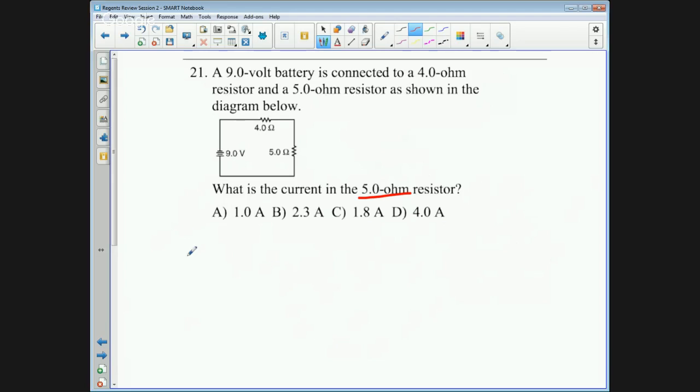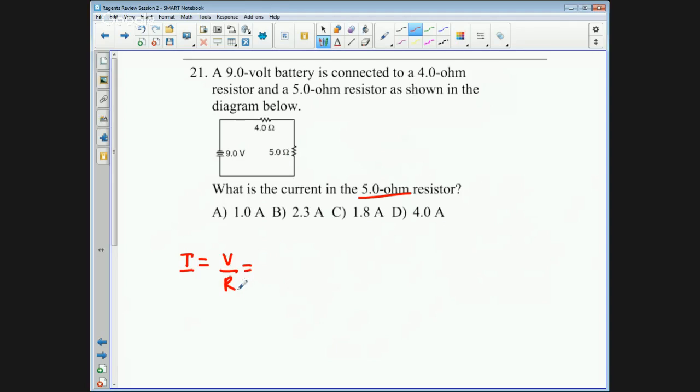Current is given by Ohm's law as V over R. The voltage in a series circuit is not the same across each resistor, so I can't just simply do 9 divided by 5. That wouldn't be the correct answer.